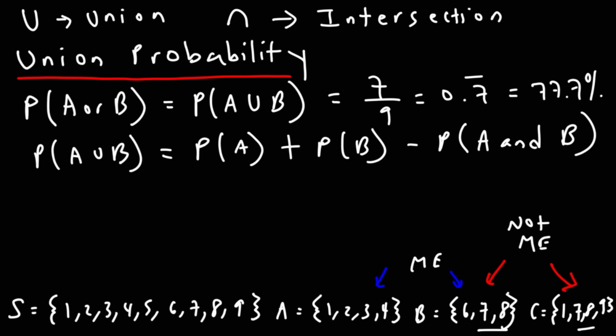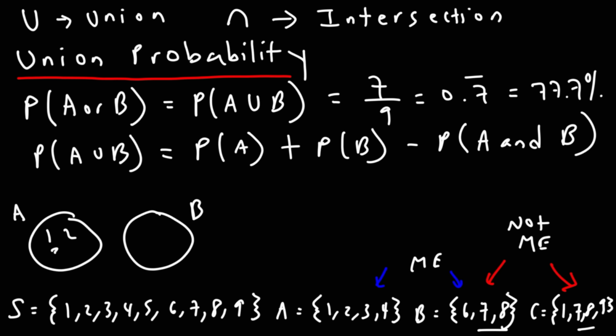To see this with a Venn diagram, if we were to draw A and if we were to draw B, it would look like this. So A would have the numbers 1, 2, 3, and 4. B would have the numbers 6, 7, and 8. These events are mutually exclusive. As you can see, these two circles don't overlap with each other.